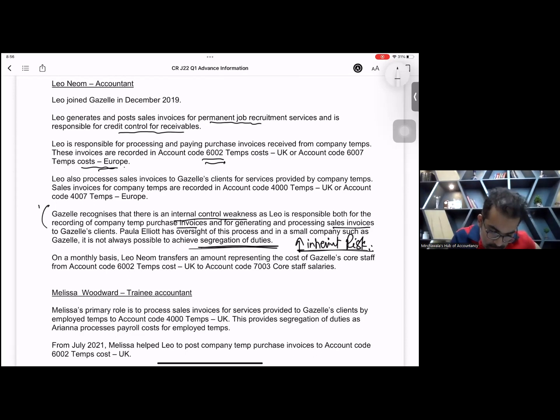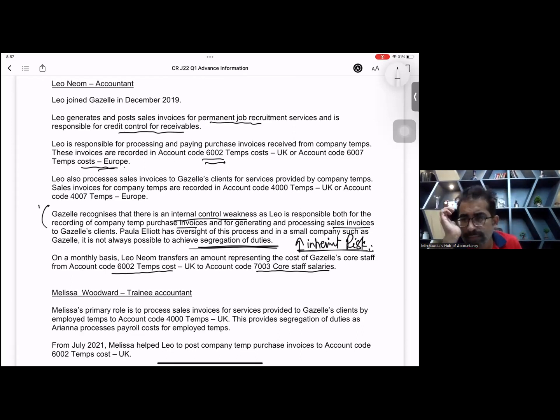On a monthly basis, Leo transfers an amount representing the cost of Gazelle's core staff from account code 6002 temp cost. They do this transfer as well. Now, what is the risk here?